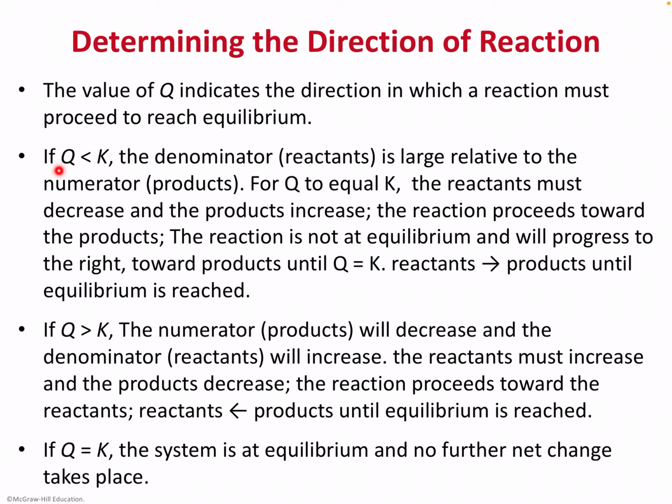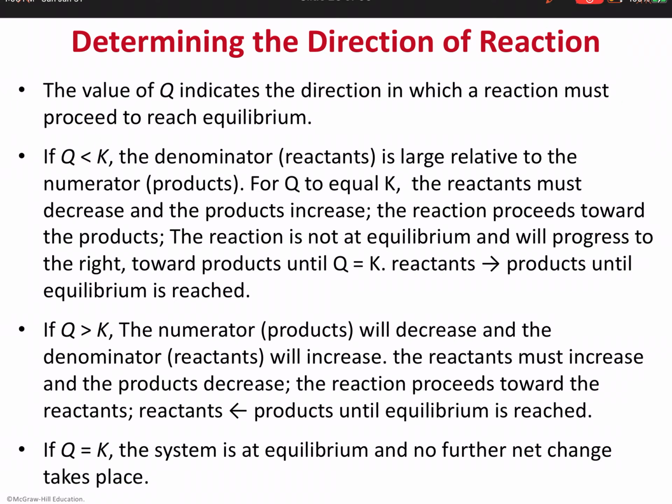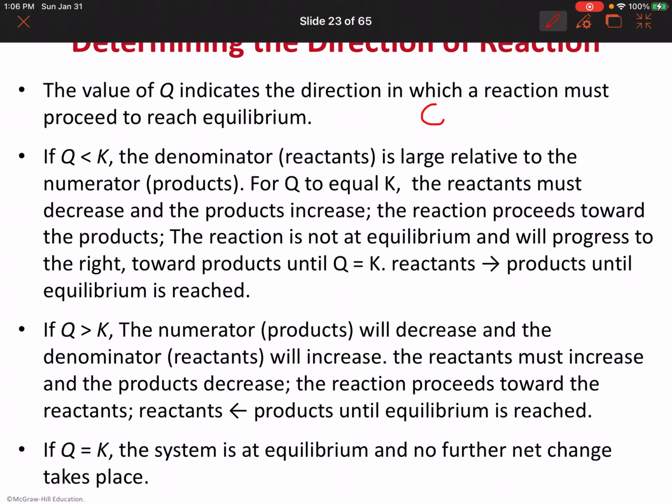If Q, the reaction quotient, is less than K, meaning, so how do we calculate Q? Q is basically the concentration of products over reactants, right? So if Q is less than K, the denominator, your reactants, is large relative to the numerator, products.